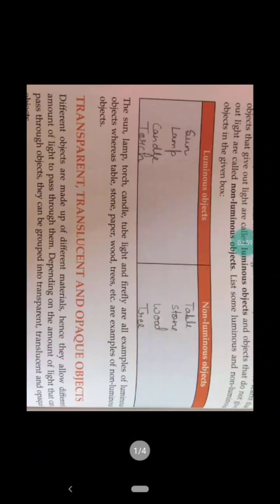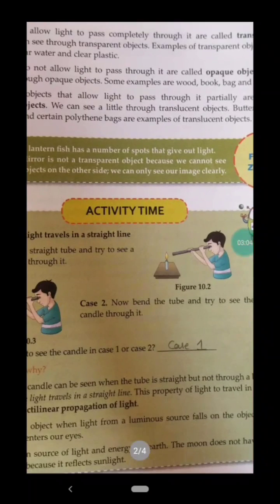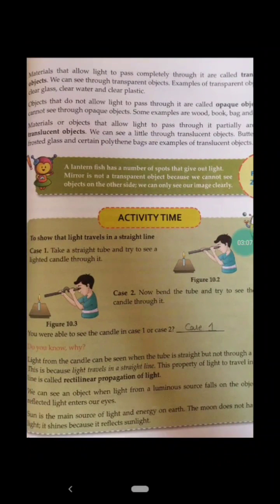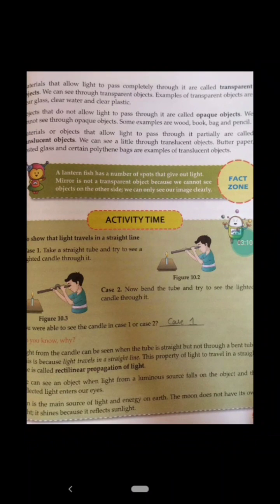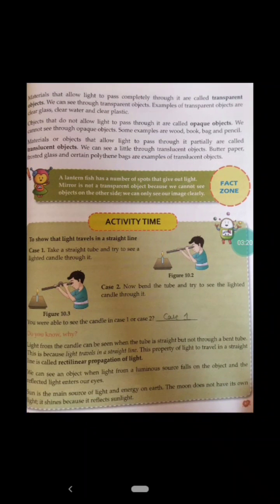So after this, see, the definitions are given. The materials that allow light to pass completely through them are known as transparent objects. We can see through transparent objects. Examples of transparent objects are clear glass, clear water, and clear plastic.